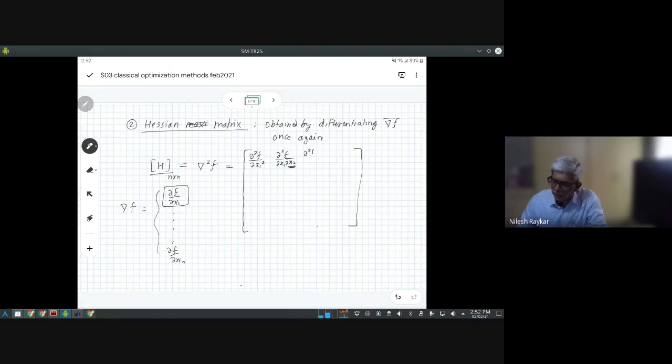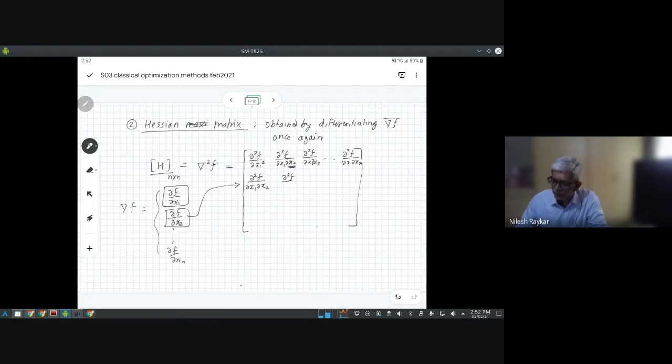The next term would be dabba 2f by dabba x1 dabba x3, and so on up to the last term, dabba 2f by dabba x1 dabba xn. In the second row, the second term of the gradient is dabba f by dabba x2, which gets differentiated with each of the variables once again.